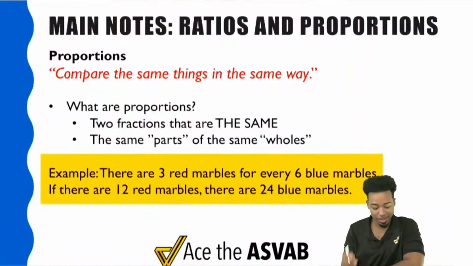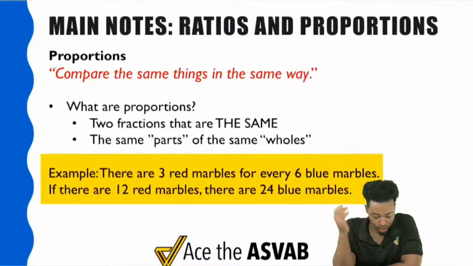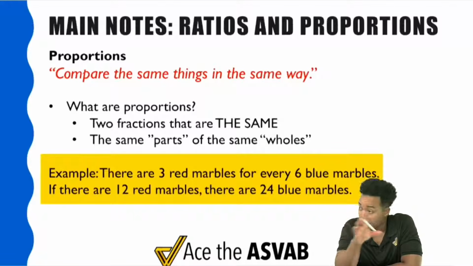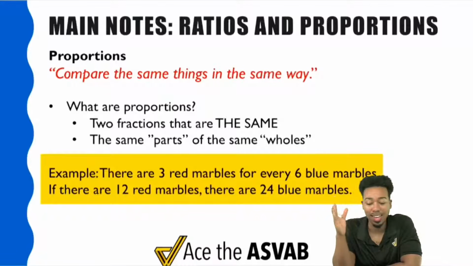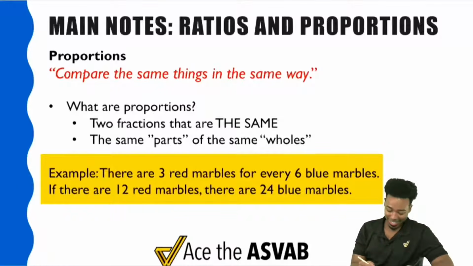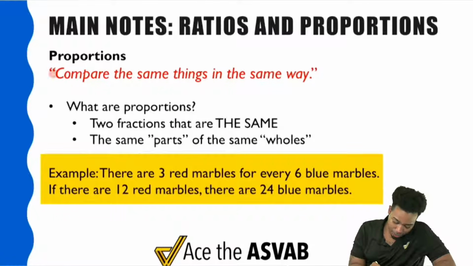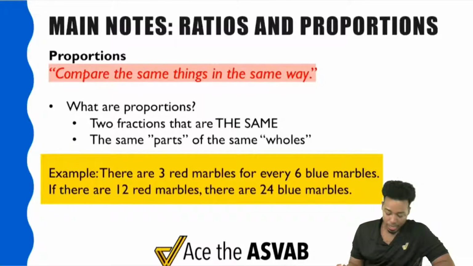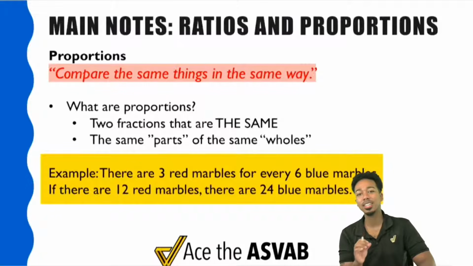Let's learn some proportions. So here's the first thing. The main notes. If there's anything that you're going to write down at all, it's going to be this right here in red. When it comes to proportions, really all you're doing is comparing the same things in the same way.